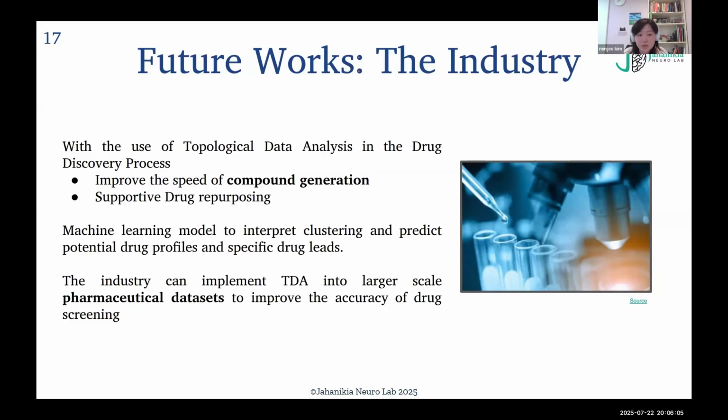Second of all, TDA can be a supportive tool for drug repurposing by identifying topological similarities between the previously existing drugs and novel compounds.